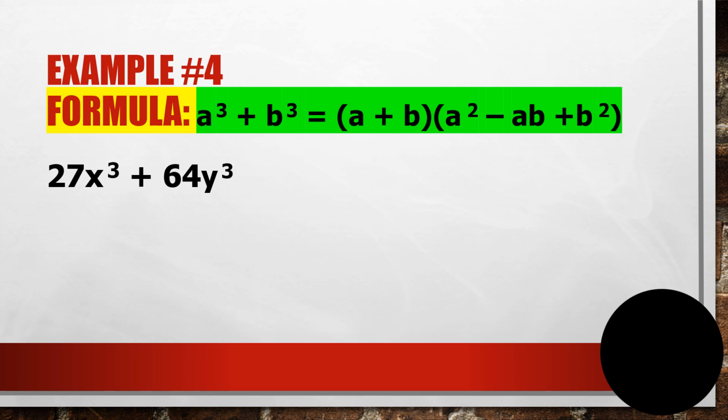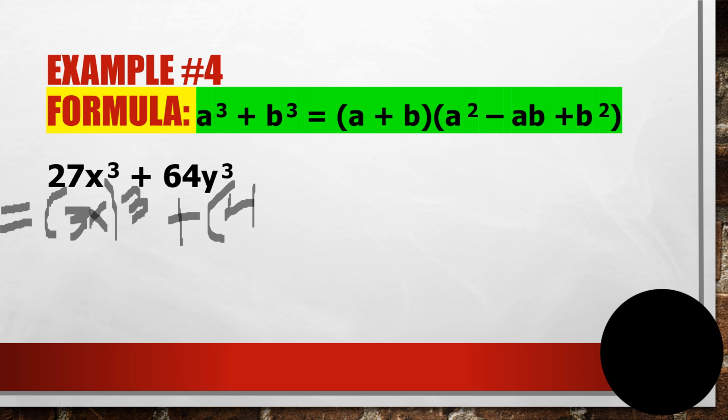Okay, now, the cube root of 27x cubed, we have 3x raised to the power of 3 plus the cube root of 64y cubed, we have 4y, and then you close it, raised to the power of 3.